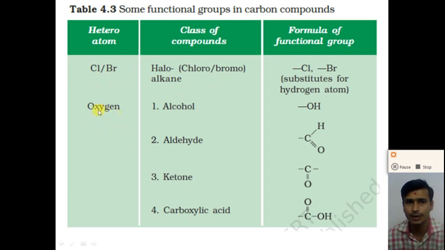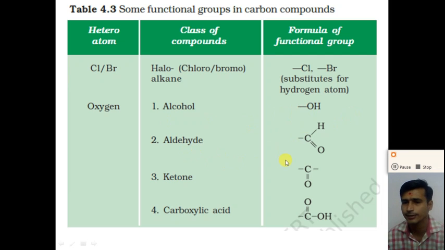The second heteroatom is the oxygen atom, and the oxygen atom or group of oxygen atoms with other atoms gives several functional groups. The first in oxygen is alcohol, whose formula ends with OH, right?